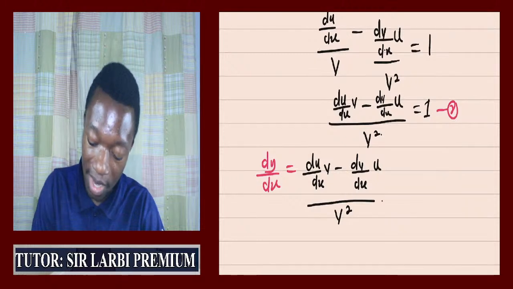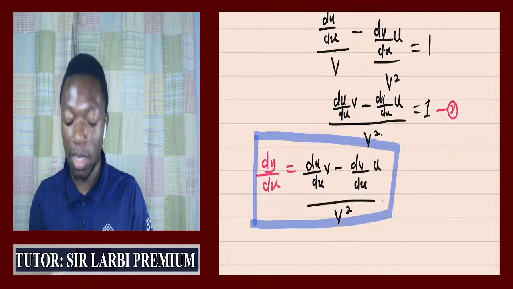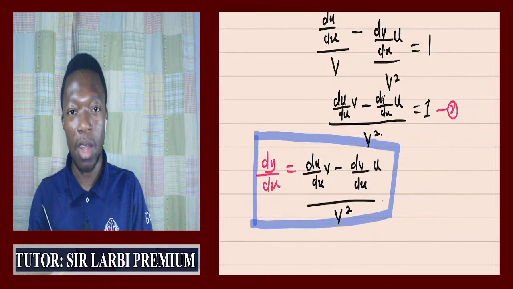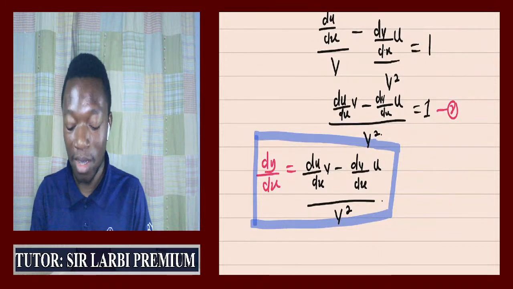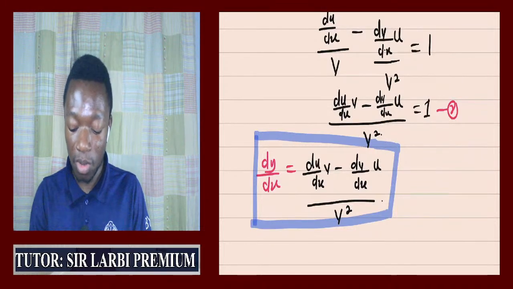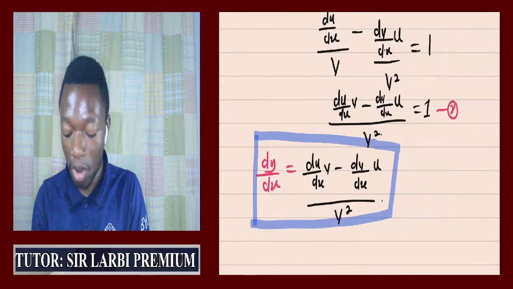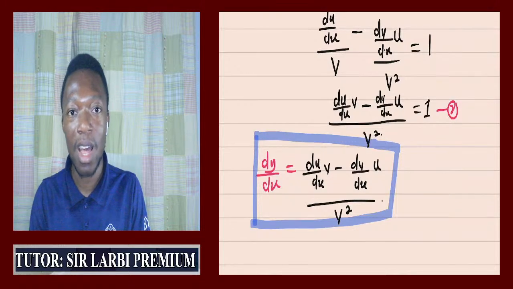And this is what we refer to as the quotient rule. This is how it was actually established. That's why in most texts you see the quotient rule for differentiation is du dx multiplying v minus dv dx multiplying u, all over v squared. This is how it was derived.